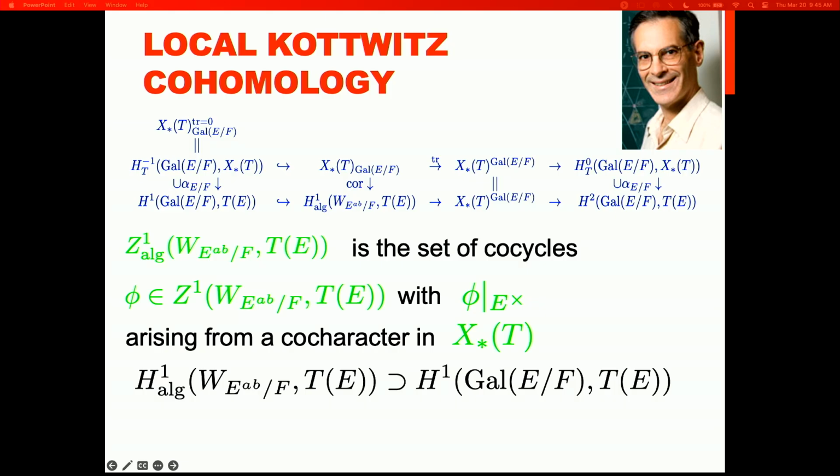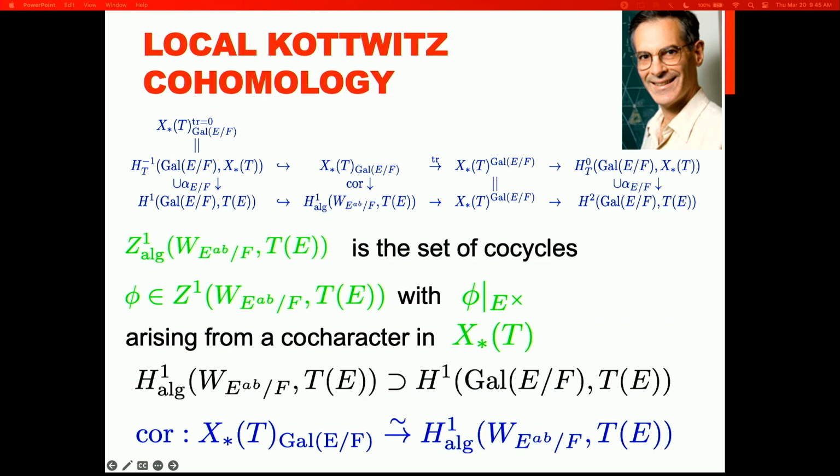And the fact that the Tate-Nakayama theorem, that this is an isomorphism and this is an isomorphism, then implies that the corestriction map in this case is an isomorphism between this new algebraic cohomology of the Weil group acting on the torus and the Galois coinvariance of the cocharacter lattice.